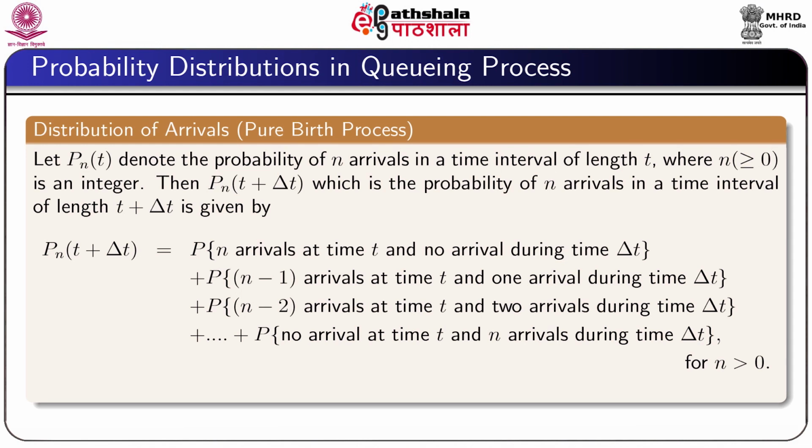Now, let us suppose that P n t denote the probability of n arrivals in a time interval of length t, where n is greater than or equal to 0 is an integer.